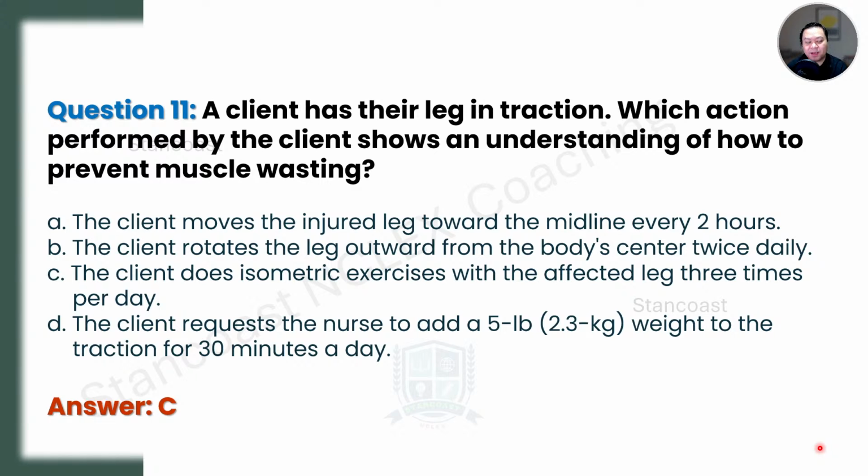Now, what are the things that the patient can possibly do as part of the isometric exercise to prevent muscle wasting? One of those will be to do quadriceps setting, tightening the thigh muscles by pushing the back of the knee down into the bed. And also gluteal tightening, could be ankle pumps and also hamstring setting.